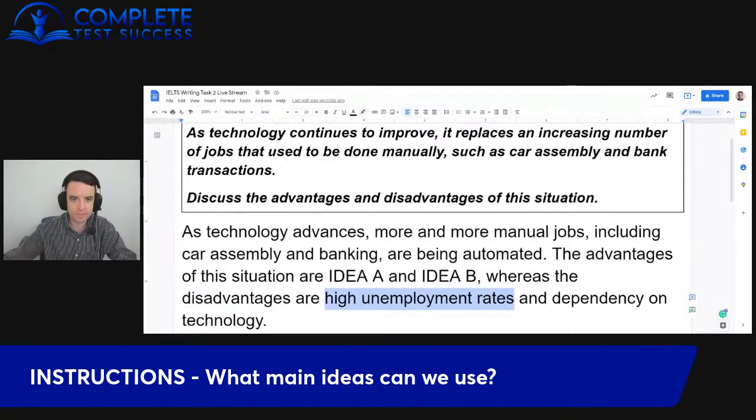They're both appropriate because they're specific and they're relevant. So we have our two disadvantages, but we still need our two advantages. So we still need two more main ideas to complete our introduction.